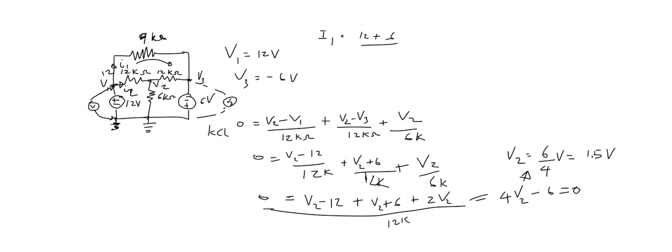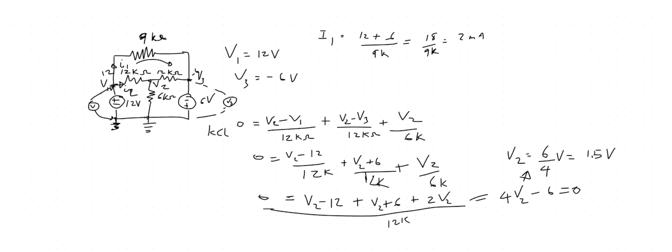Right here is minus 6, so you have to do the difference: 12 minus minus 6, divided by 9K, which is 18 over 9K, which is 2. So 2 milliamps will flow through here.